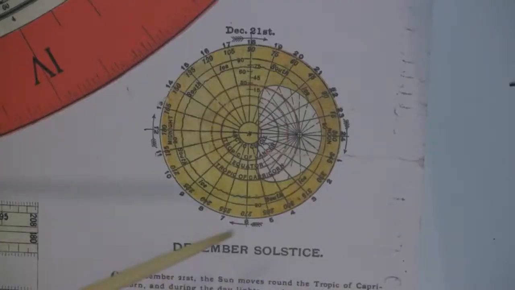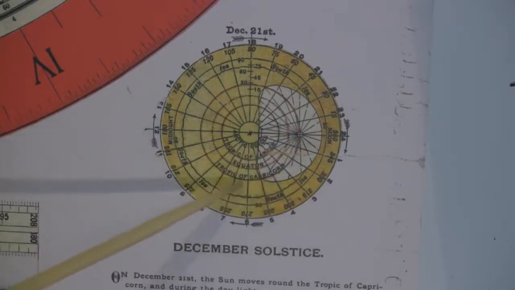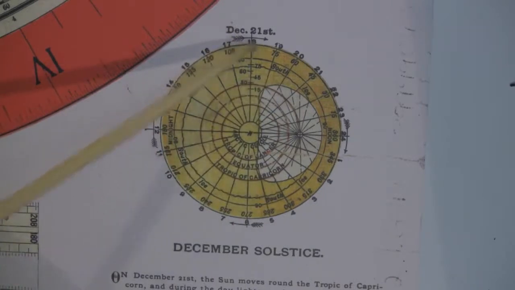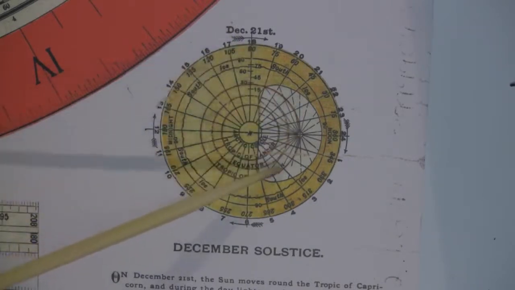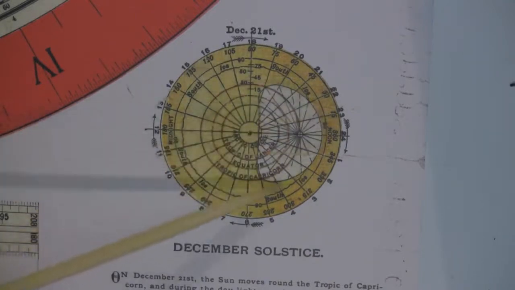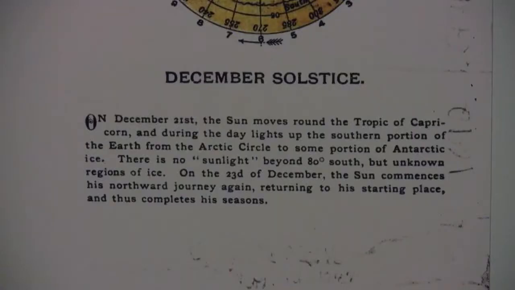December solstice. The sun is on the Tropic of Capricorn. The 21st of December it reaches its maximum, and you can also see where the sun illuminates the area. Again, the Gleason's map is scientifically and practically correct, and it's written on the map.